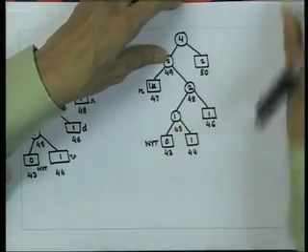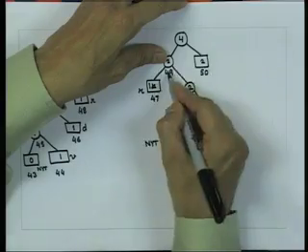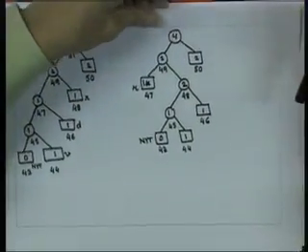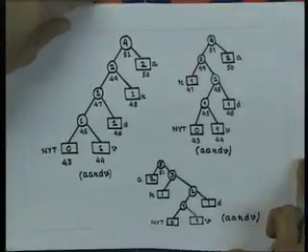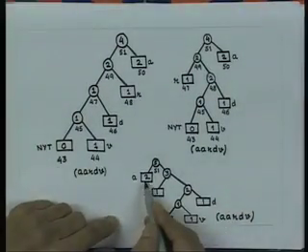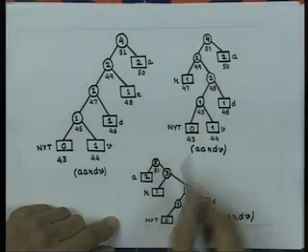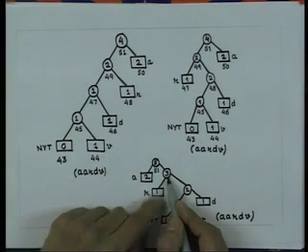So if I swap 49 with 50, then what I will get is as shown here. I swap 49 with 50 and then increment the weight of it, so that becomes 3.